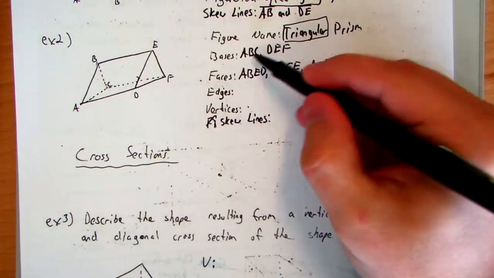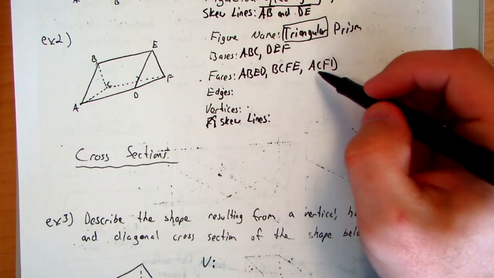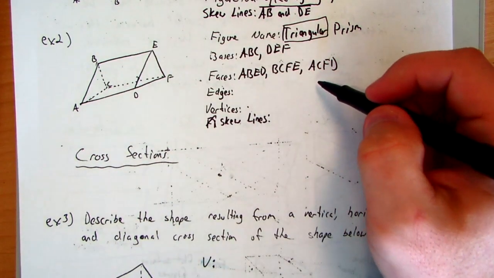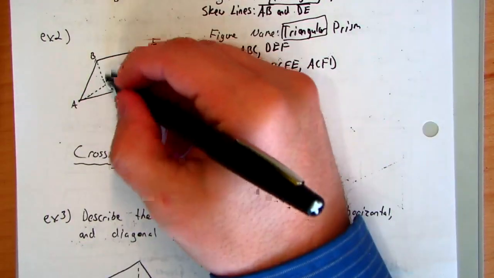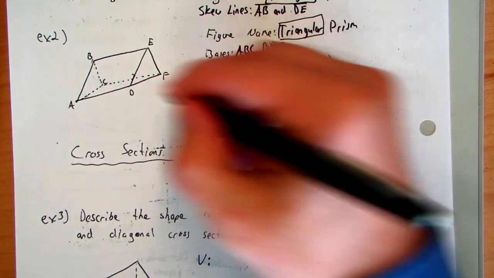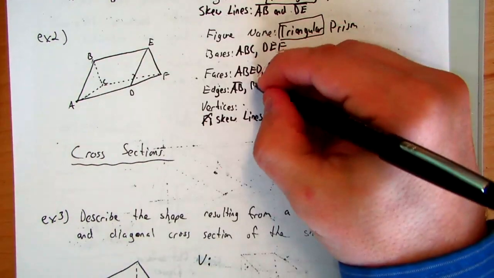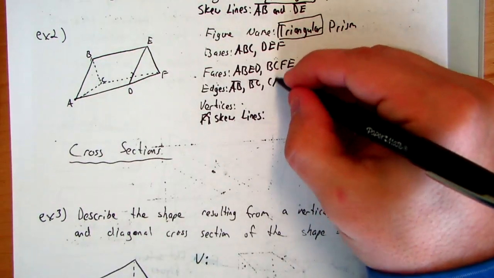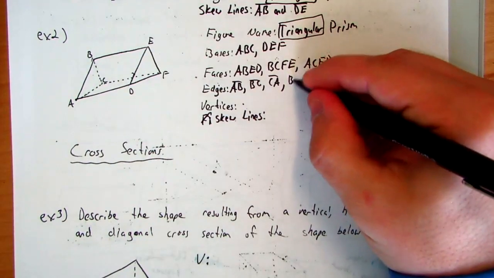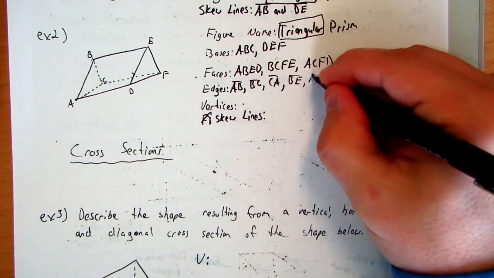Edges now. This is going to be every single one. So AB is 1. BC. CA. We also have BE. AD. And CF. That'd be going from the base up to the other triangle.